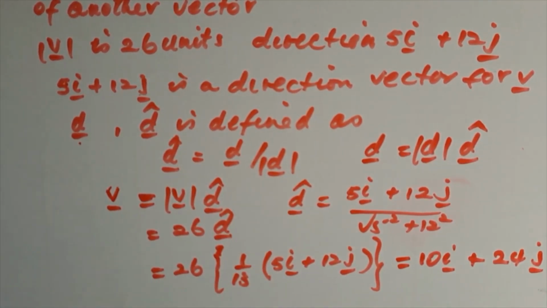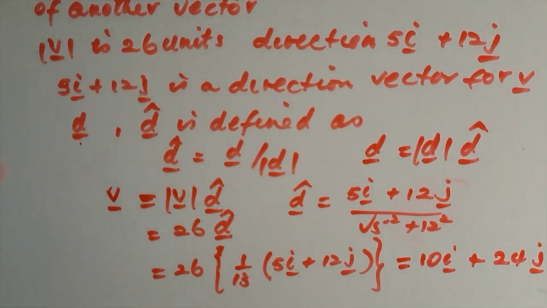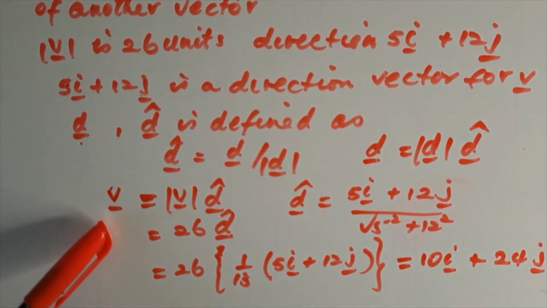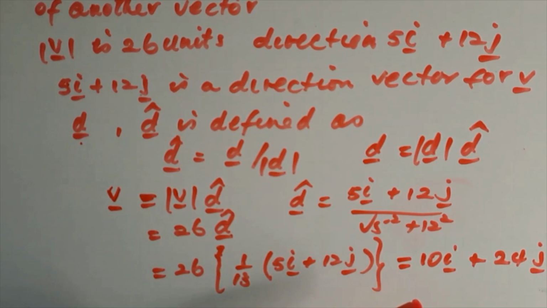So given the magnitude, which is 26 units, of a vector v in the direction of another vector, in this direction 5i + 12j, we're able to determine the vector v, which is 10i + 24j.